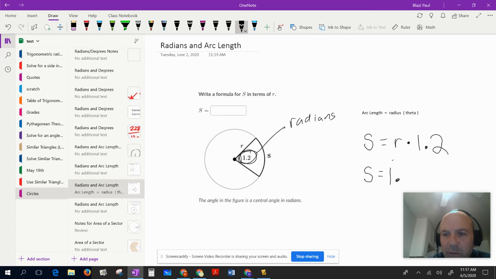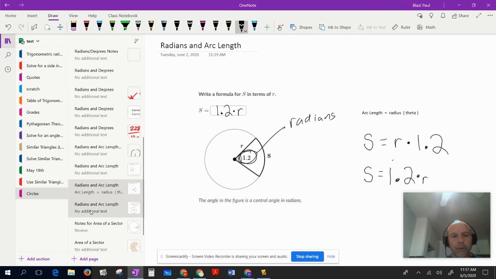So I'm going to switch the order of this formula, and this is what Khan Academy is looking for. It says write a formula for S in terms of R. And that's all it means: we've written a formula for S in terms of what happens to R. And what happens to R in this case, we multiply it by 1.2. So there's my formula for that one.